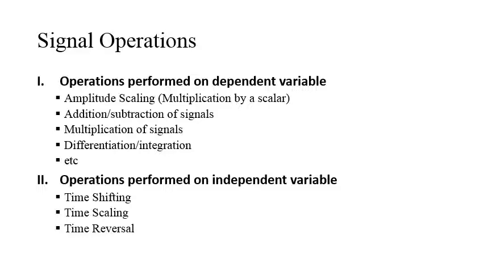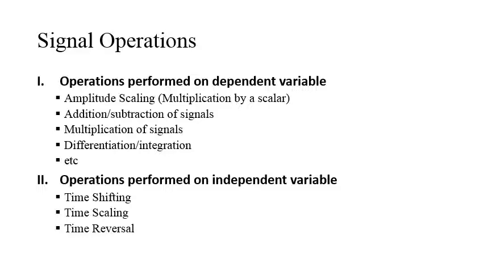So you understand we can do amplitude scaling, that is multiplication by a scalar, right? So in this case the amplitude or the values along the y-axis will change. Similarly we can do addition or subtraction of signals, we can multiply the signals, we can differentiate or integrate the signals, and so on, right?